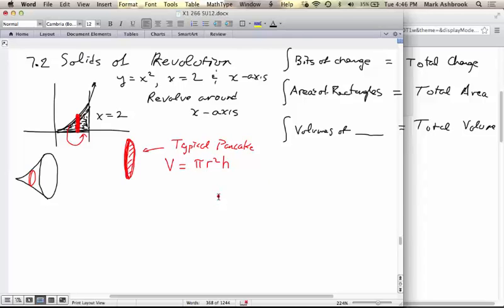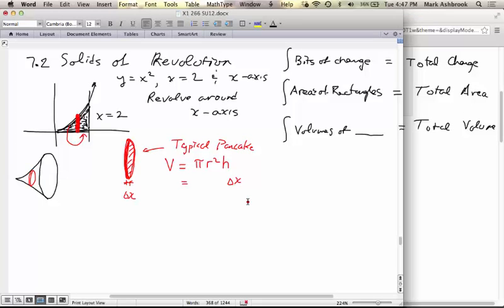So let's start with the height. What is the height of this pancake? It's a little change in x, this is the height right here. What is that? Delta x, yeah, they're saying delta x, and that's right. That's our height.